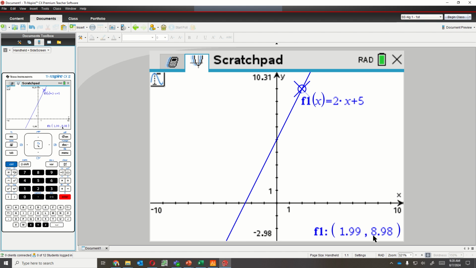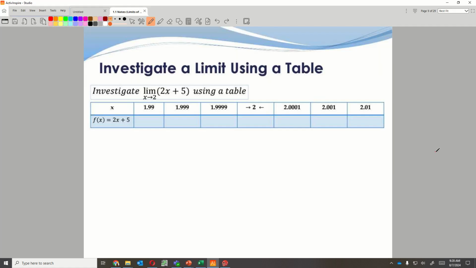And I get a number of 8.98. So plug that into your notes. The 8.98. I don't have a slide number on this one, but on this one it's 8.98.